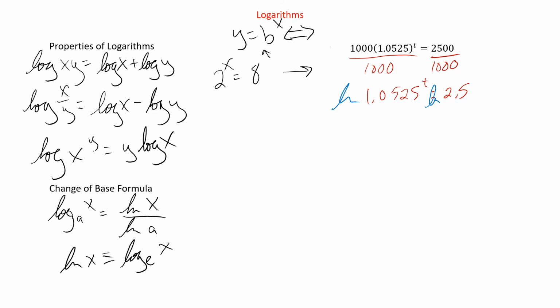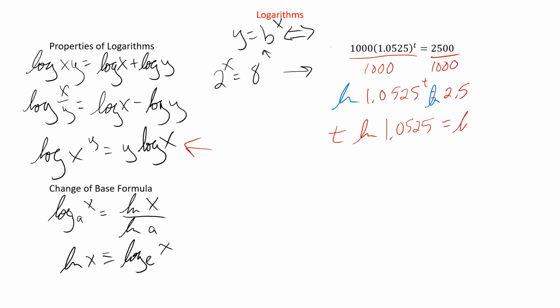As we proceed through calculus, you will find out why e is my second favorite irrational number and why the natural log is so amazingly fantastic. But I would take the natural log. And so, using our exponent property here, that t can come out in front. So we have t times the natural log of 1.0525, which is just a number.